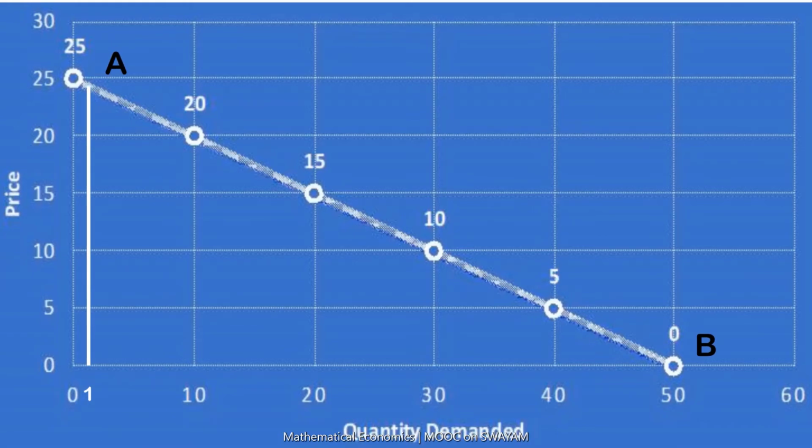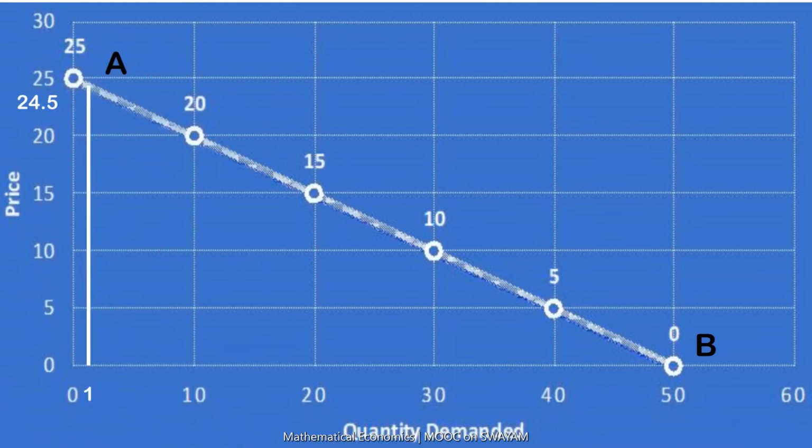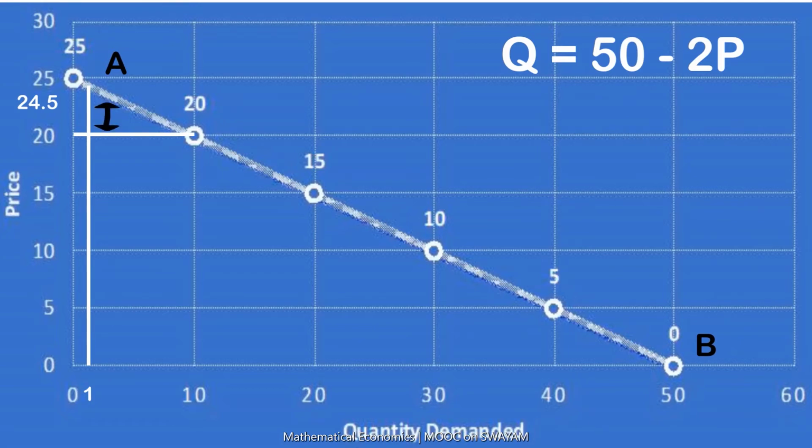Extending up to meet the demand curve, you see that the consumer is willing to pay rupees 24.5. You can get this value by putting Q equal to 1 in the demand equation and getting the value for P. But you actually paid rupees 20. So, this section is the extra amount you were willing to pay for 1 unit.